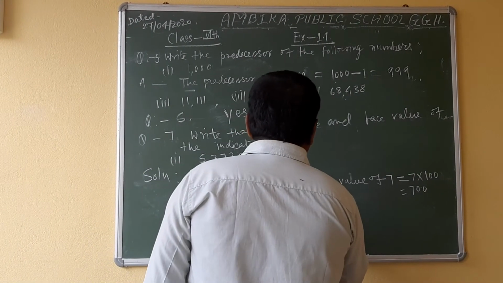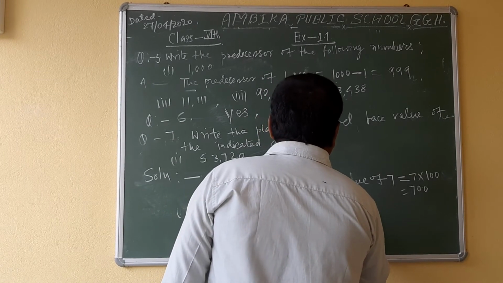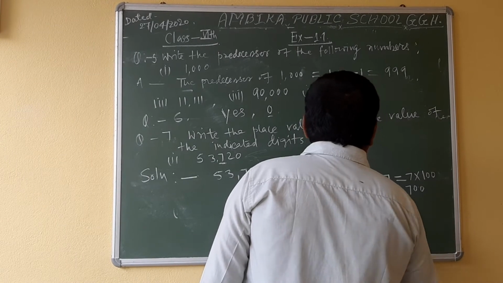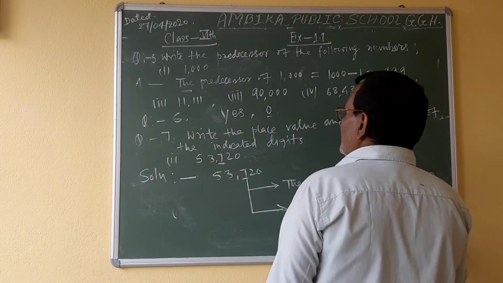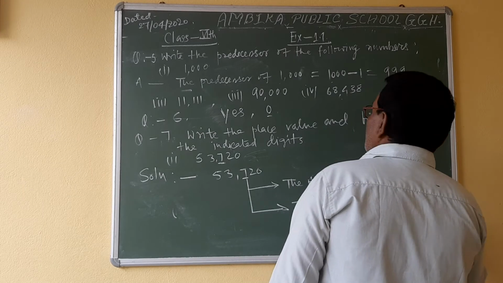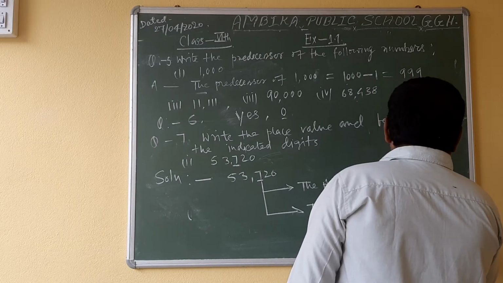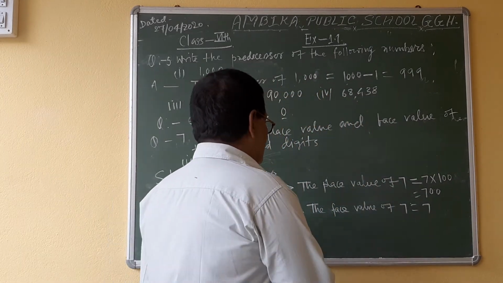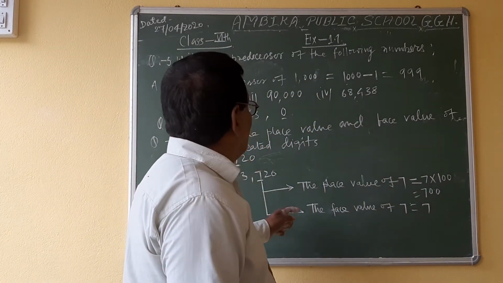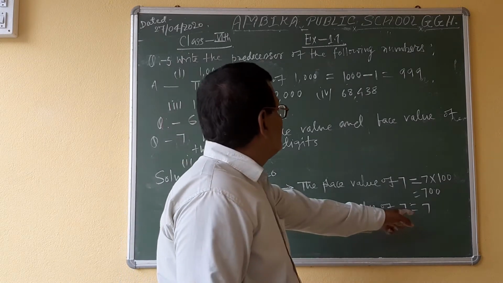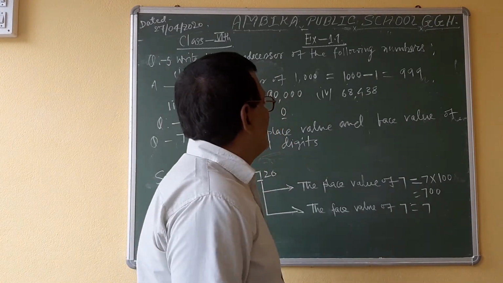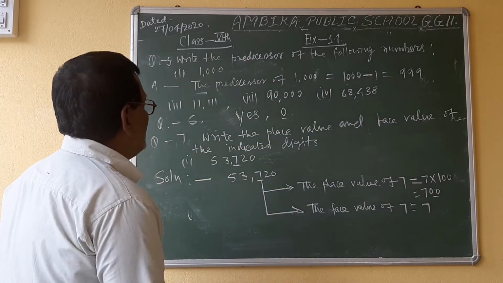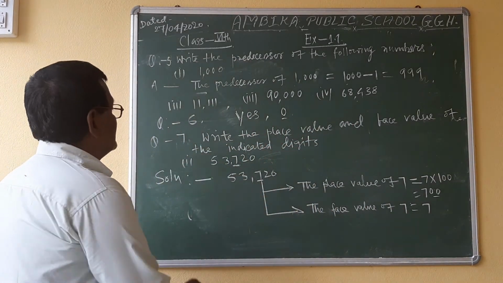The face value of 7 is equal to 7, because the face value of a digit is its numerical value. So the face value of 7 is 7, and the place value of 7 is 700. In this process, you can solve the next questions.